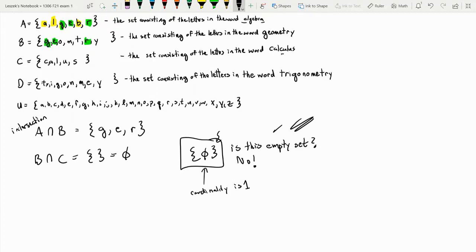All right. So what's a complement? Again, it's understood what the universal set is.